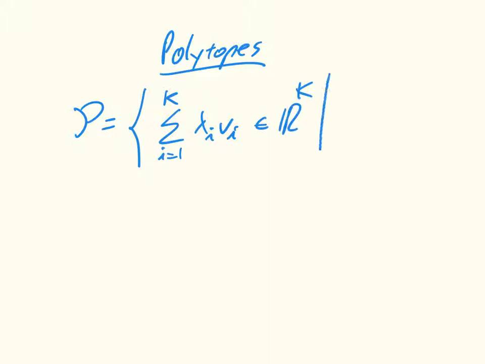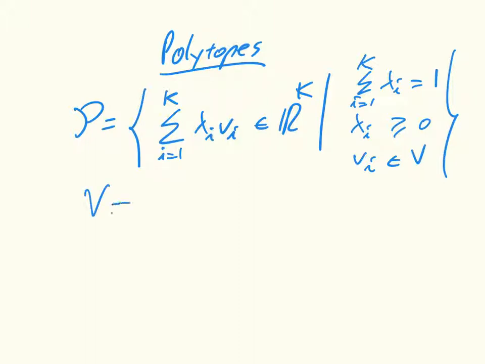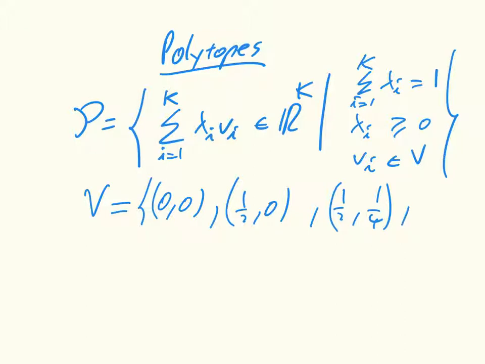So it's some vector space in R^k, such that the sum of our coefficients is 1, and we have lambda_i greater or equal to 0, and finally v_i belonging to some set V. So V would be some predefined set, and as an example, let's consider (0, 0), (a half, 0), (a half, a quarter), and (0, a third).